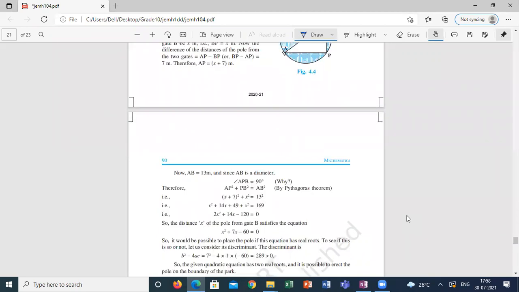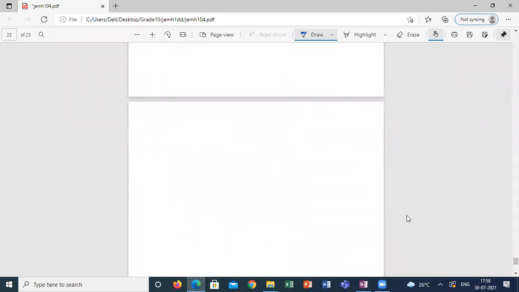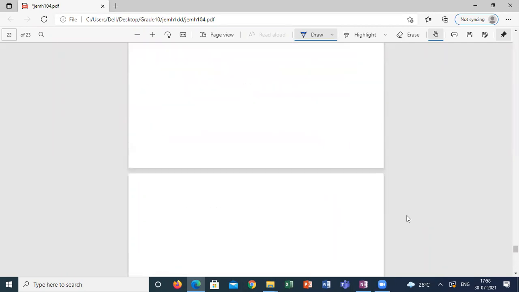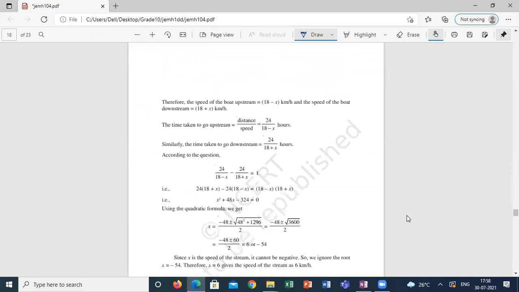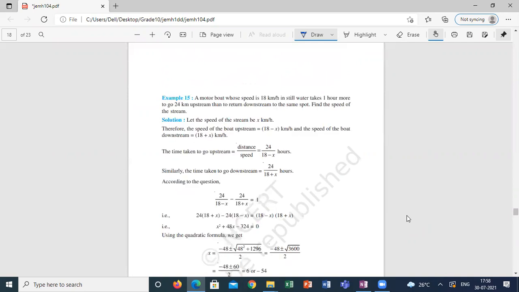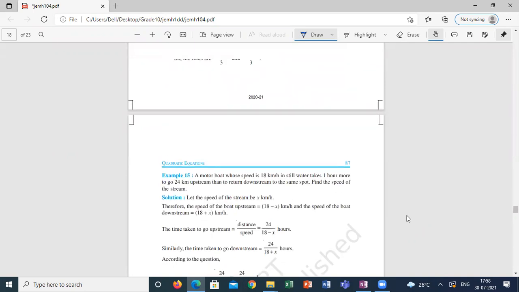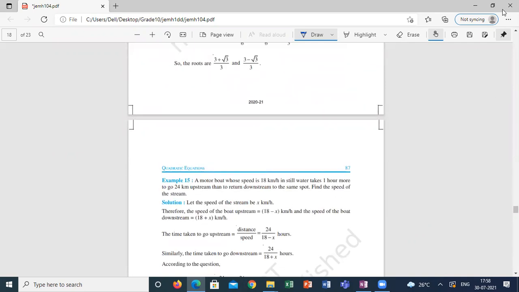If the discriminant is negative, then the situation is not possible. Based on this, some speed and velocity problems and upstream and downstream problems might be asked. This is an overview of quadratic equations. Guys, does anyone want to discuss anything specifically from quadratic equations?